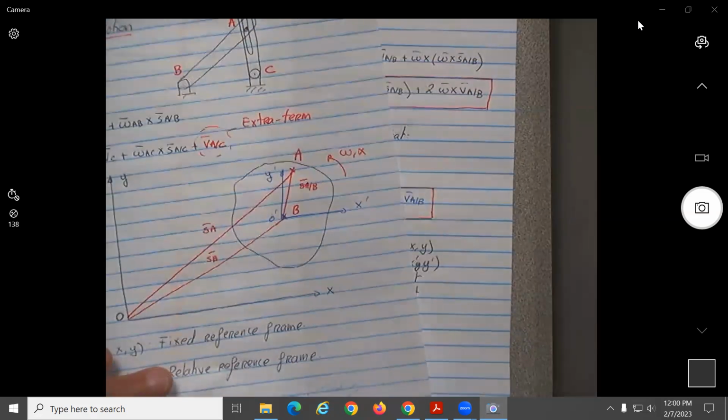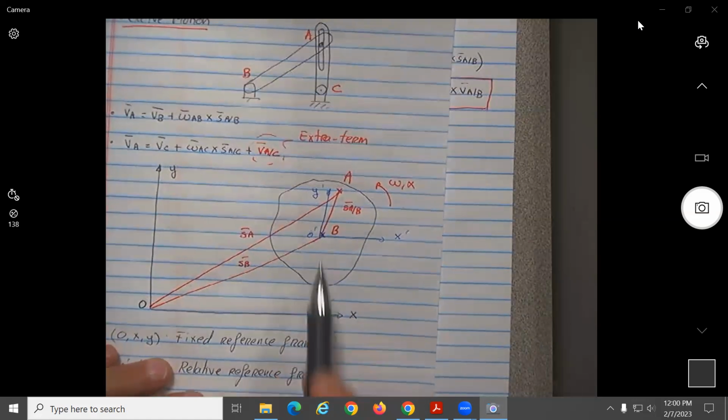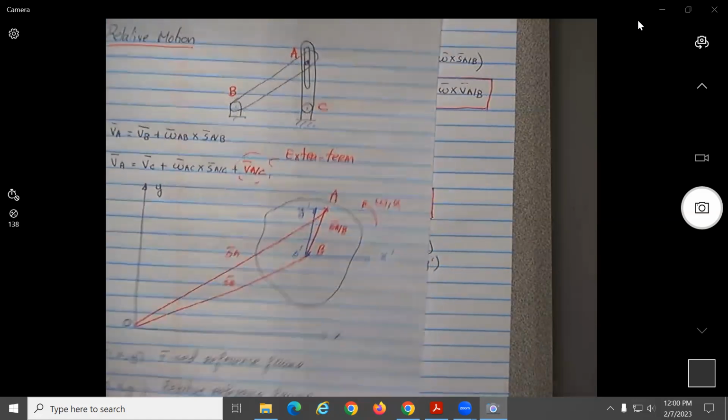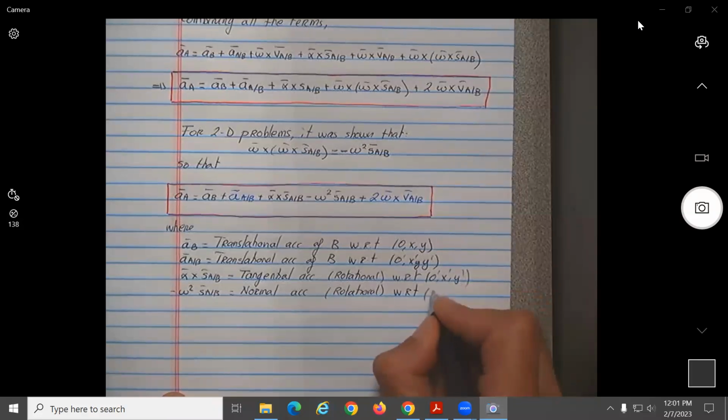They are moving, this is rotating in which reference frame? Within A. It's rotating relative to B. So it's the moving reference frame, or the relative reference frame. So this is O prime, X prime, Y prime.